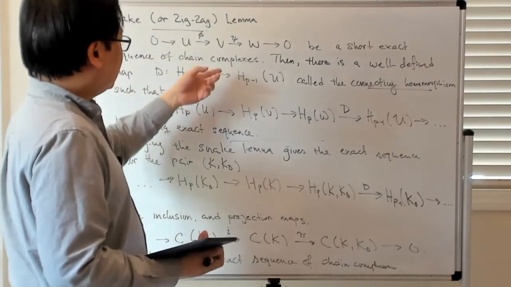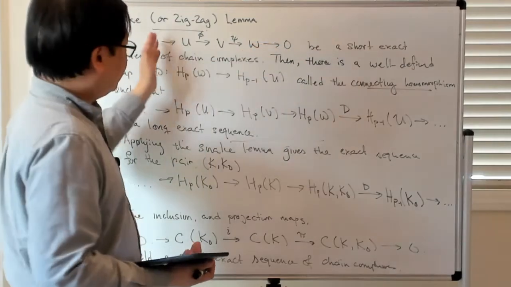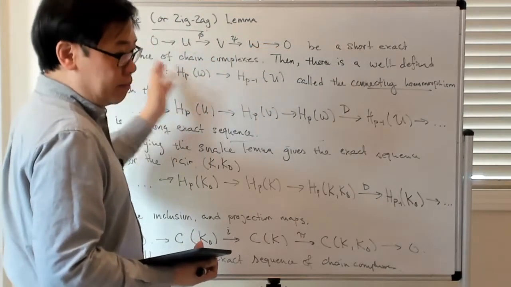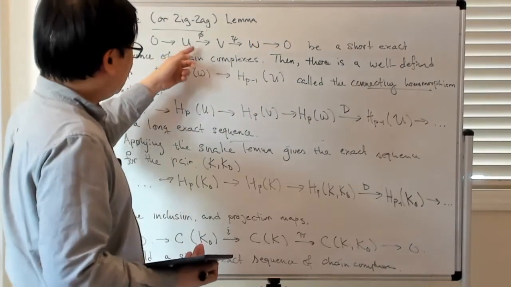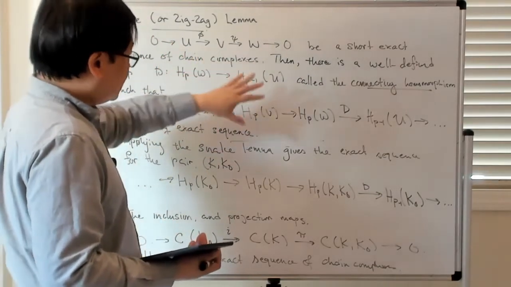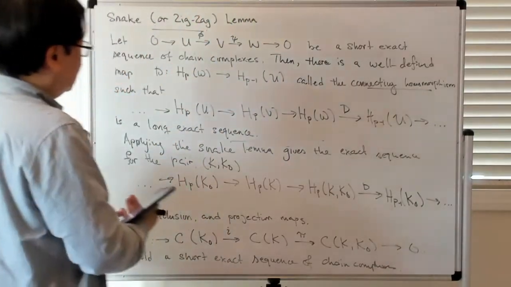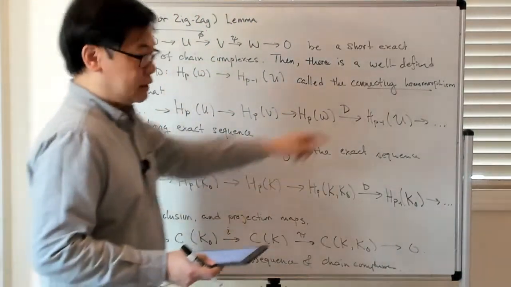We're going to use exactness horizontally together with the fact that the chain map commutes with the boundary, in order to snake through that two-dimensional lattice of maps, in order to construct the connecting homomorphism.